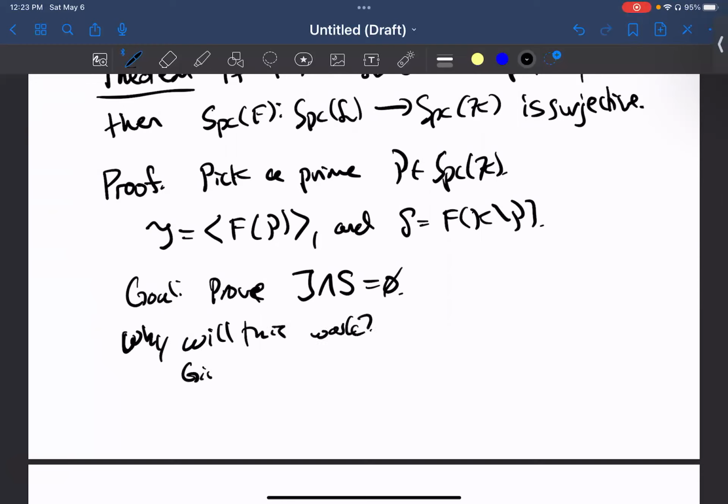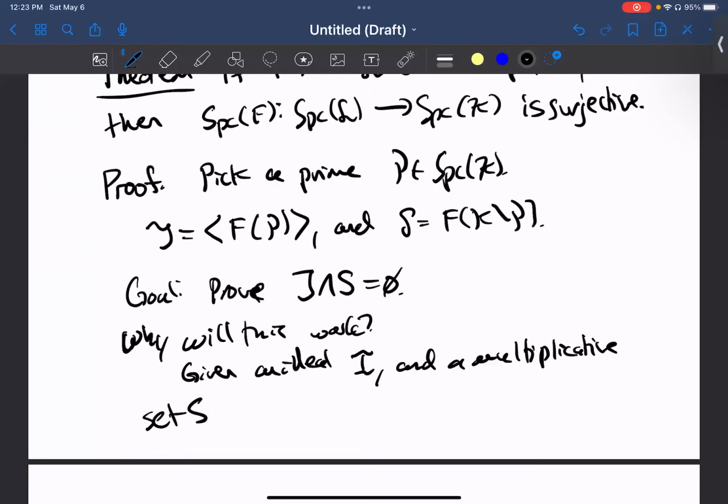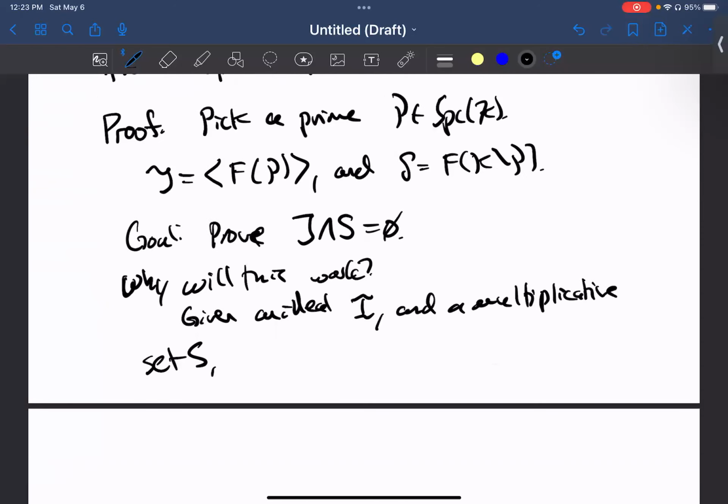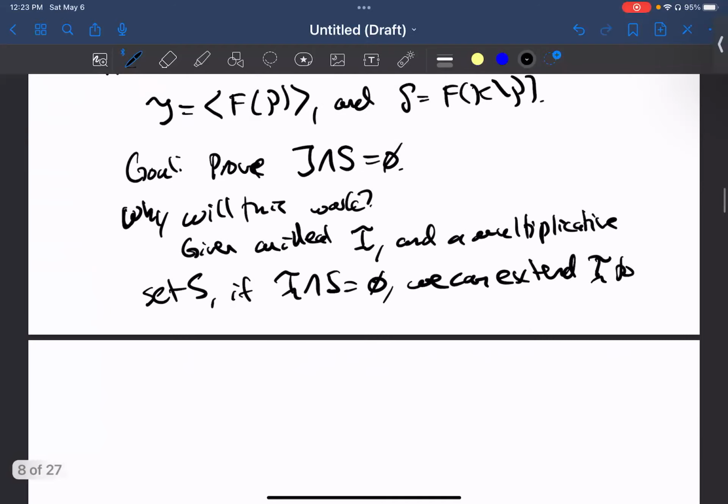Well, given an ideal I and a multiplicative set S, this just means that if X and Y are in S then X tensor Y is in S, and we also want the unit object 1 to be in S. Then if I intersection S is the empty set, we can extend I to a prime ideal P with P intersection S the empty set.